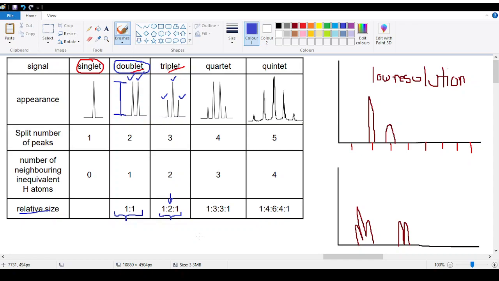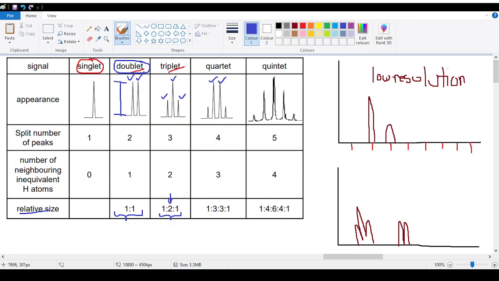And then in a quartet, the pattern is slightly different. The two peaks in the middle are of the same height, but they're taller than the ones on the edges. And so on and so on. Again, you don't have to memorize them. You will slowly get used to them as we do question papers in the future. But you don't have to memorize the graphs or anything.